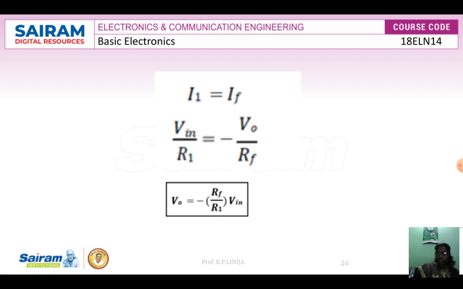V0 is equal to minus RF divided by R1 into Vin. Here we got the output with a negative sign. But we are dealing with the inverting input terminal, so this negative sign indicates that the output voltage is out of phase with respect to the input voltage by 180 degrees.